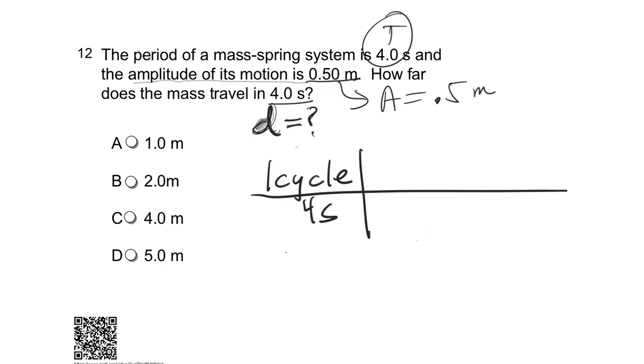I know one cycle is 4 amplitudes. In this problem, one amplitude is 0.5 meters.